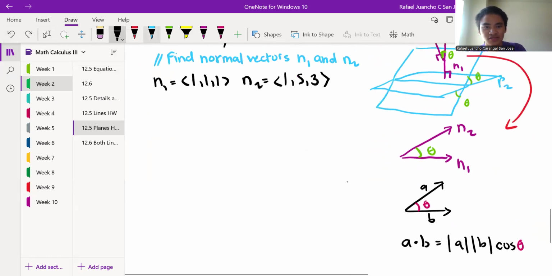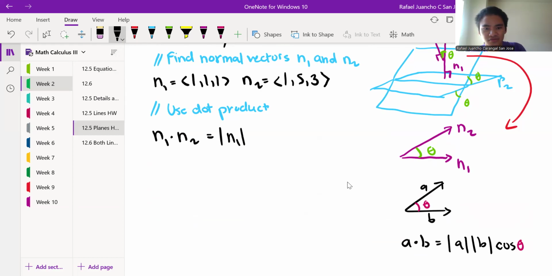Right? So let's actually apply that. So this is just using the dot product, basically. And so how do we do that? Well, let's apply the formula. We get the dot product of both normal vectors, which is equal to the length of one of them times the length of the other one, times cosine of theta. And then from here, we solve for cosine of theta.